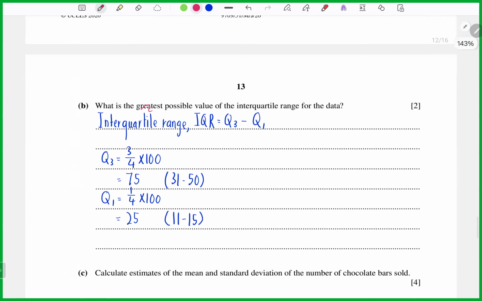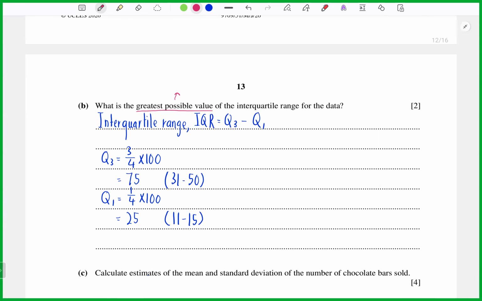Now you see the question. Because the question says greatest possible value, you need to take the largest for Q3 and the minimum for Q1. It means you need to find the value for the interquartile range that is biggest.